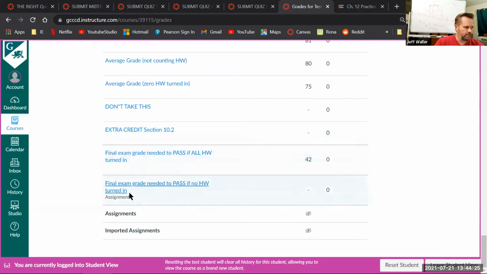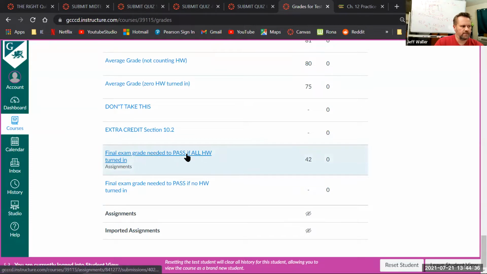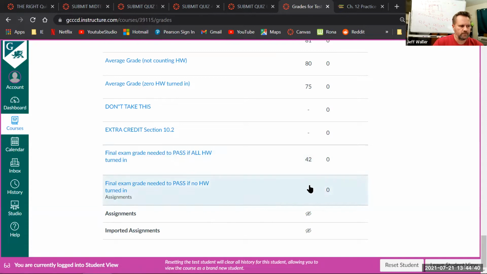But this is new here, and I just forgot to put a grade in for my test student. So this is the final exam grade you need to pass if you have all the homework turned in, and the number here would be the final exam grade you need to pass if you have no homework turned in.